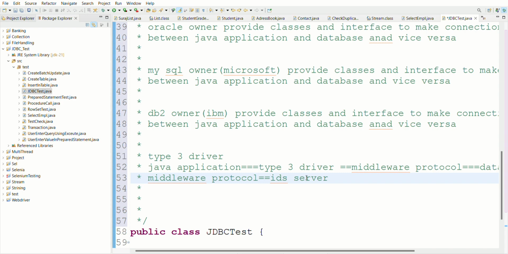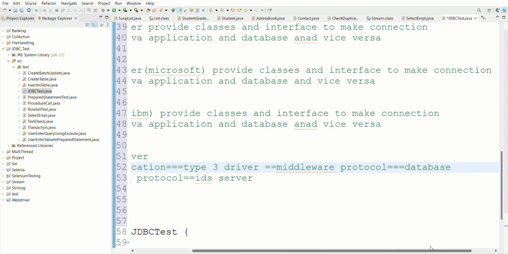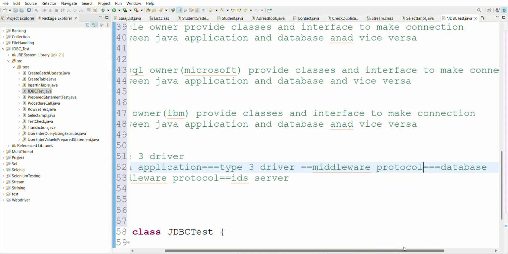I will make a video showing how to install the middleware server and the IDS server. You don't need to do anything now. Just remember that the Java application is using the type 3 driver, and the type 3 driver is internally using the middleware protocols, and with the help of middleware protocols it communicates with the database.